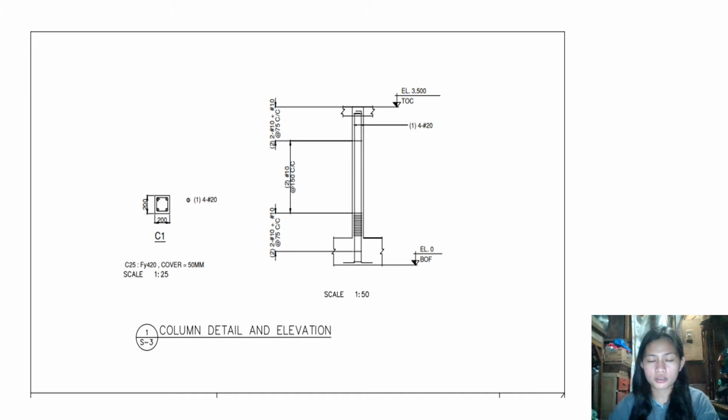As you can see, the height of our column is 3.5 meters. It includes the 0.5 or 500 mm depth of our floor since we are in a flooded area. So I guess kailangan nating ipataas yung ating floor height. So ganun yun.